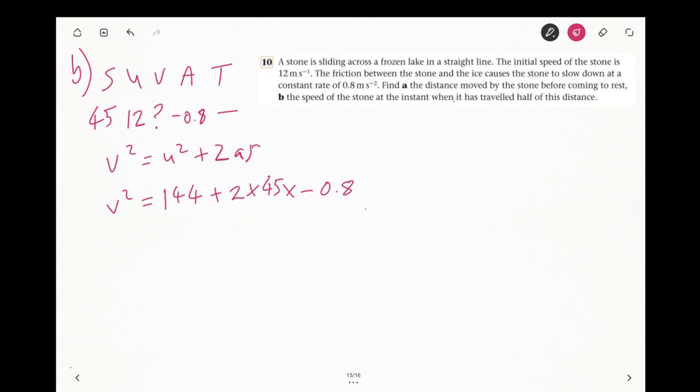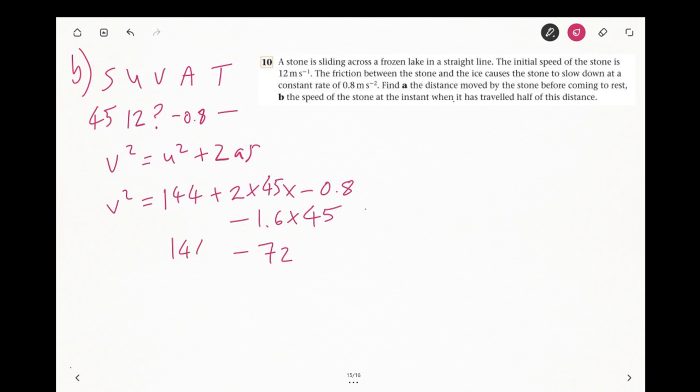My 2 times 0.8 is a minus 1.6, times 45, and 1.6 times 45 is going to give me 72, so minus 72.